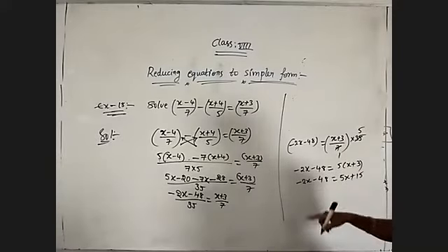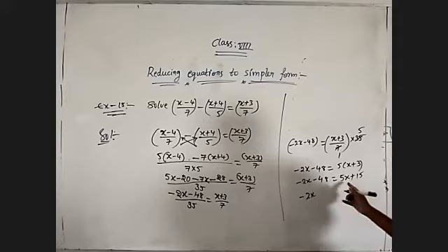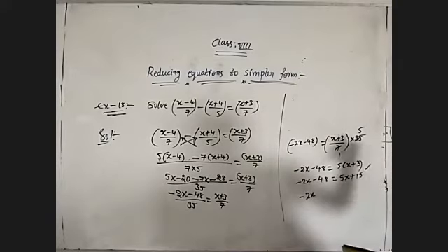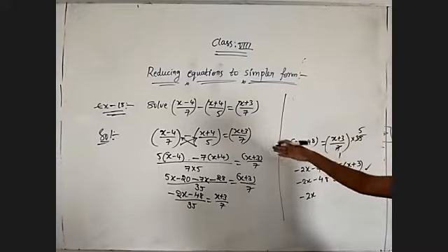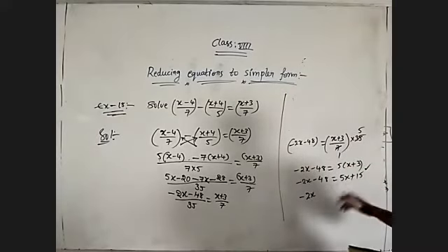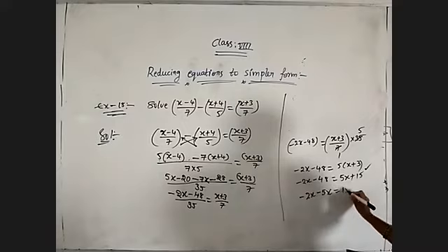Now bring x terms to one side and constant terms to the other side. Minus 2x, and this plus 5x. Till here we have simplified the equation, reducing it to simpler form. This is the simplest form. Now minus 2x minus 5x will be equal to 15 plus 48, bringing it to this side.